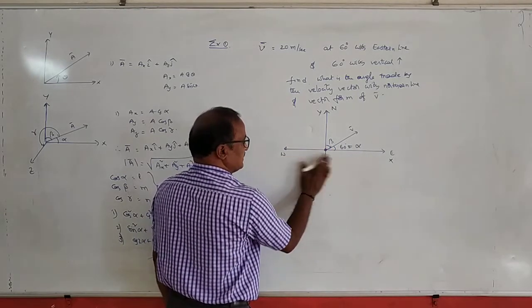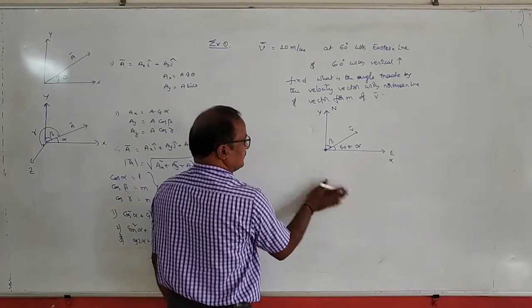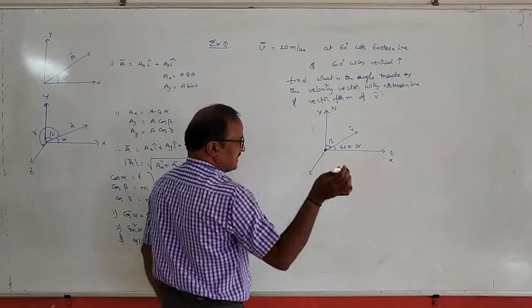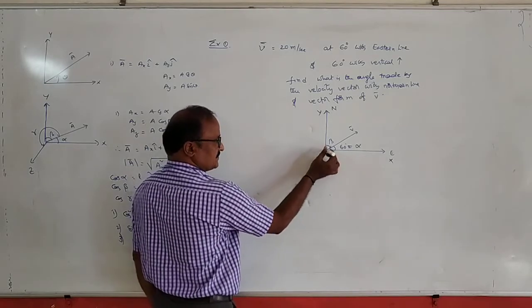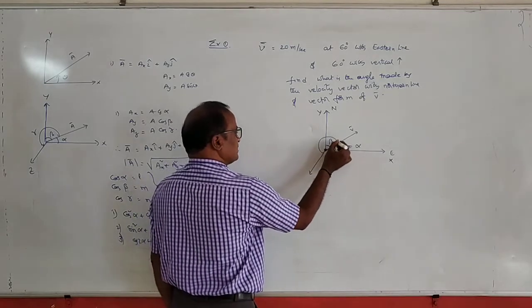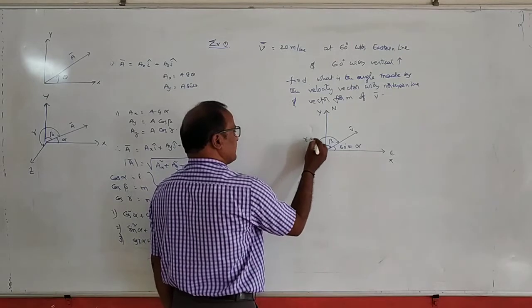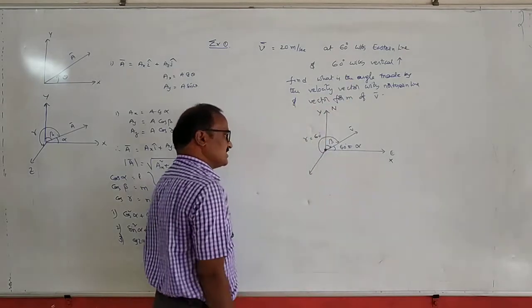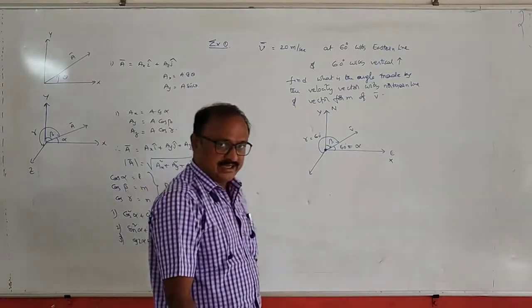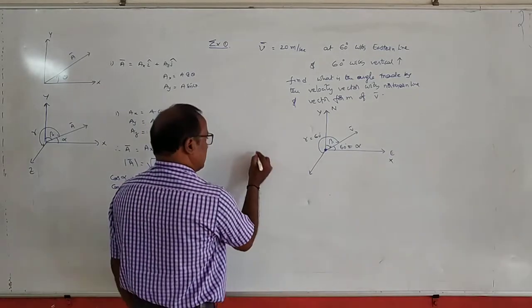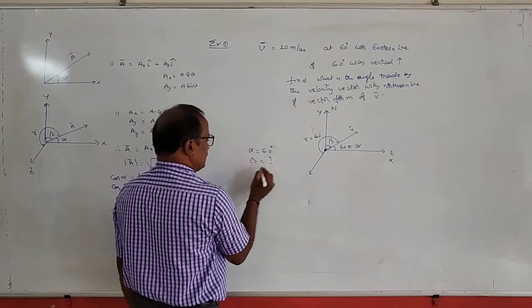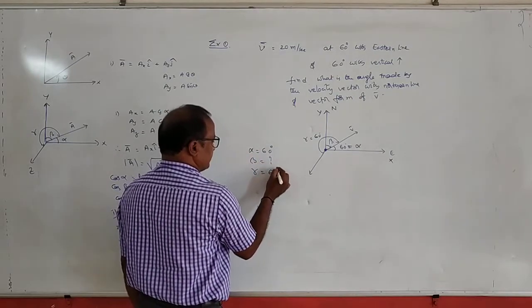So with this vertical z axis, the angle made by the velocity vector is 60 degrees. Gamma is also 60 degrees. Given alpha is 60 degrees, beta we don't know, gamma is also 60 degrees.